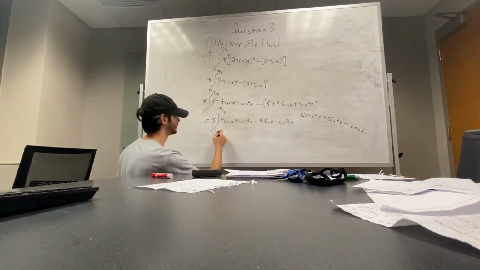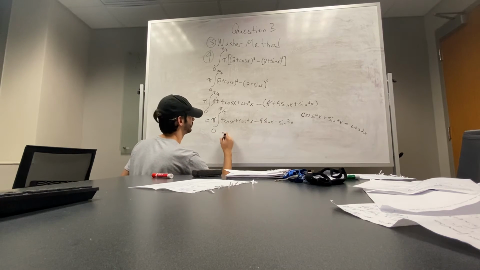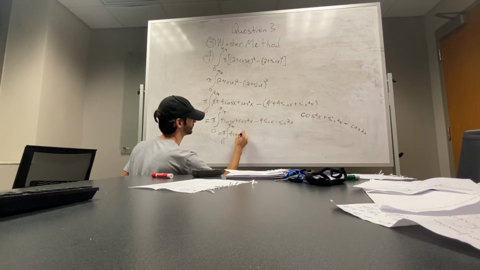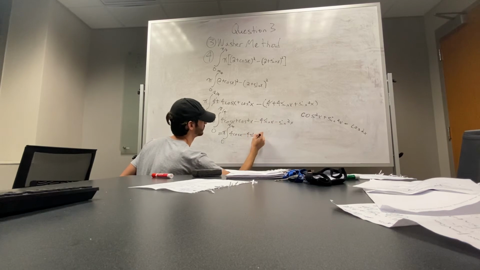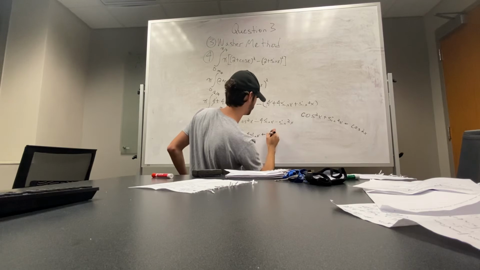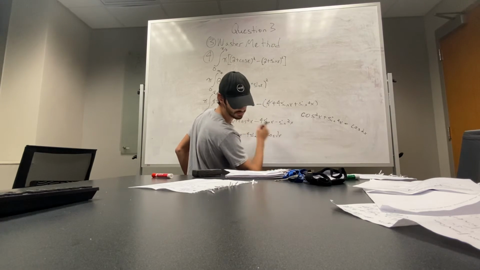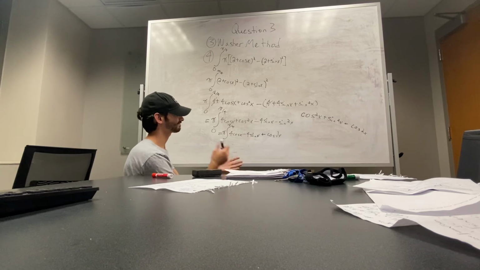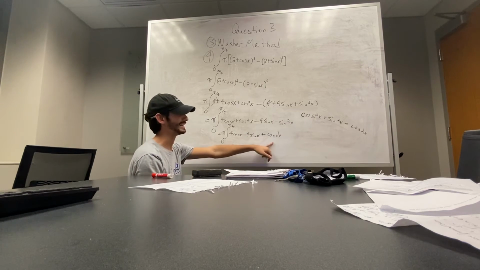And that's going to give us 4 cosine x minus 4 sine x plus cosine 2x. Now we have our trigonometric identity.